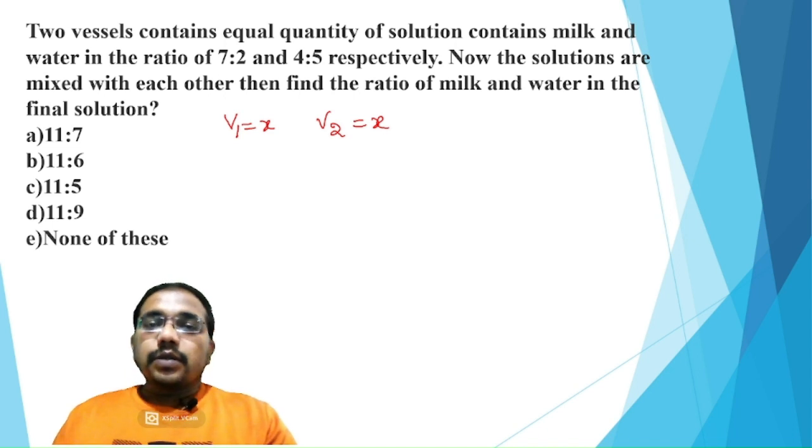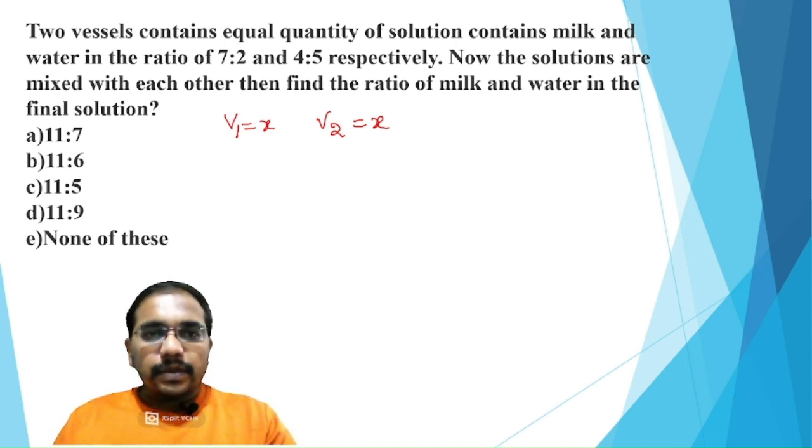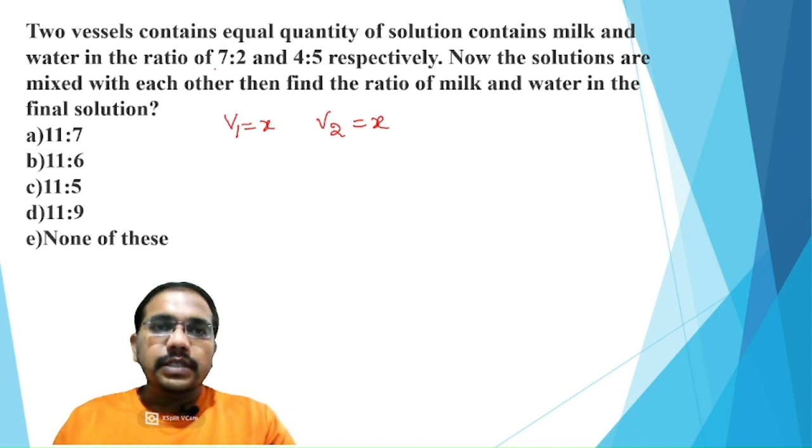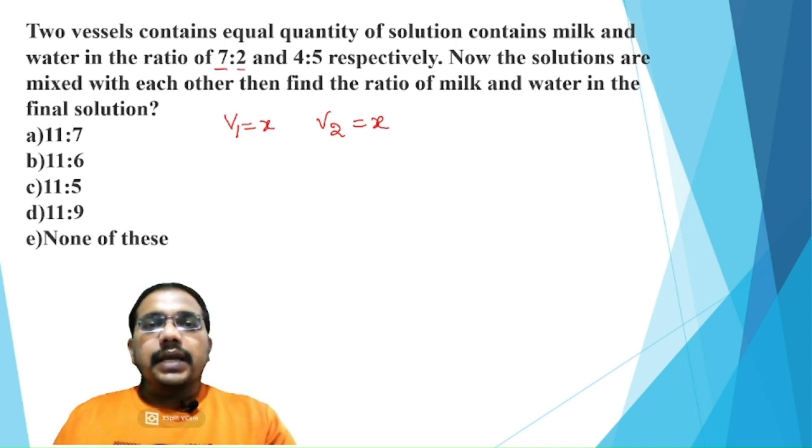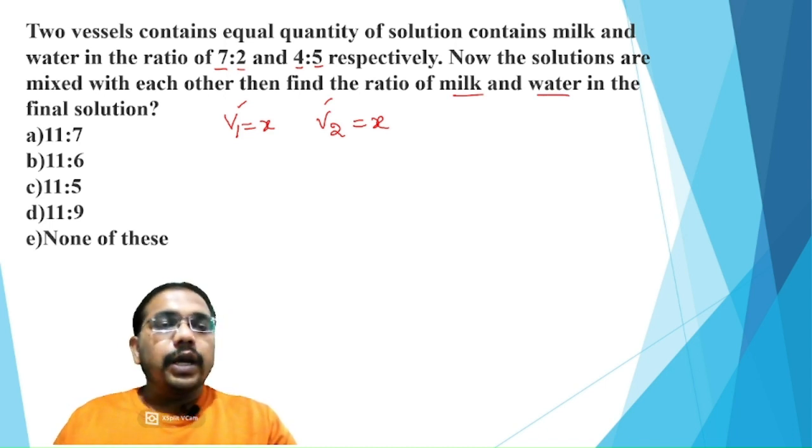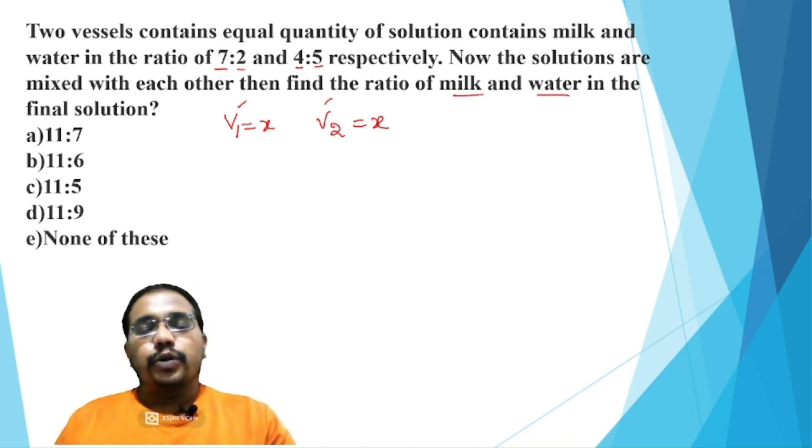Vessel 1 contains milk and water in the ratio 7:2, and the second vessel contains milk and water in the ratio 4:5. Now these two vessels are mixed together to get a final mixture. They are asking the ratio of milk and water in the final solution.